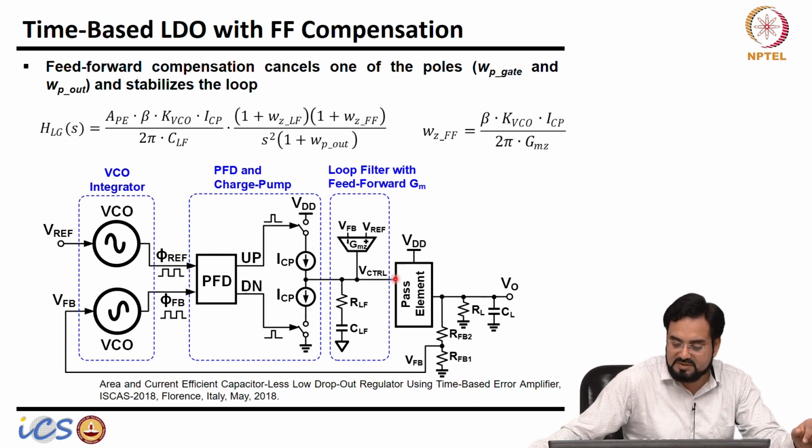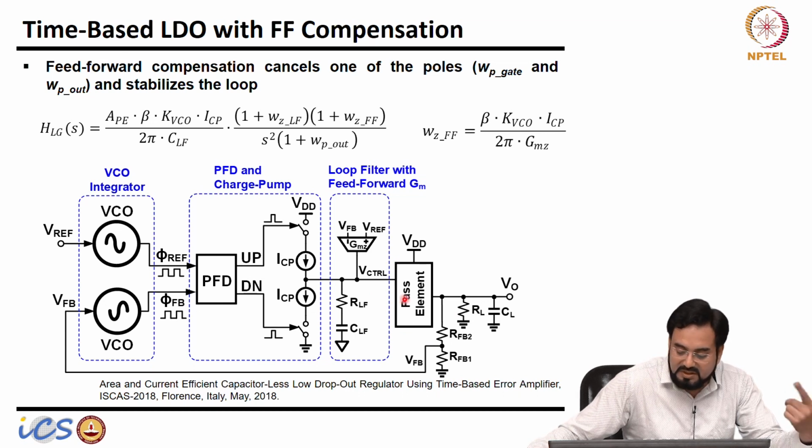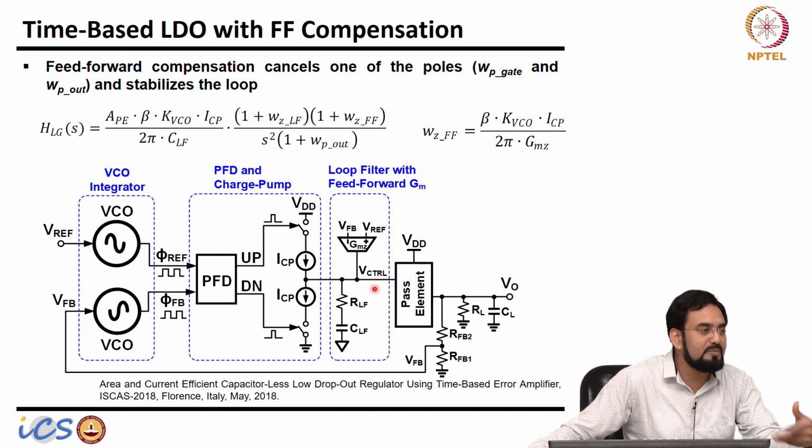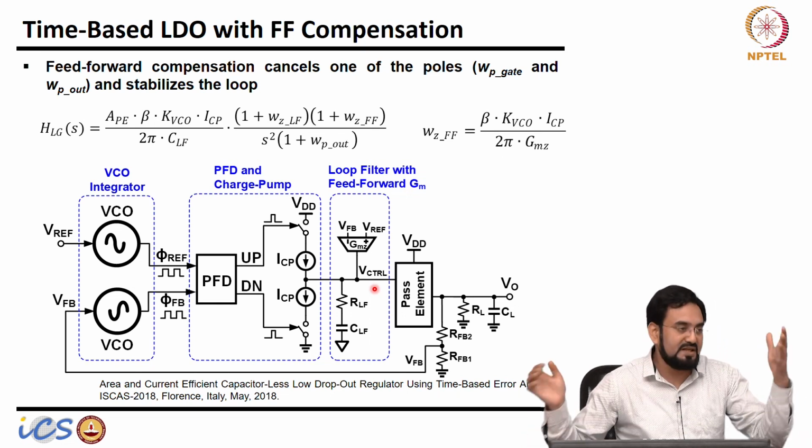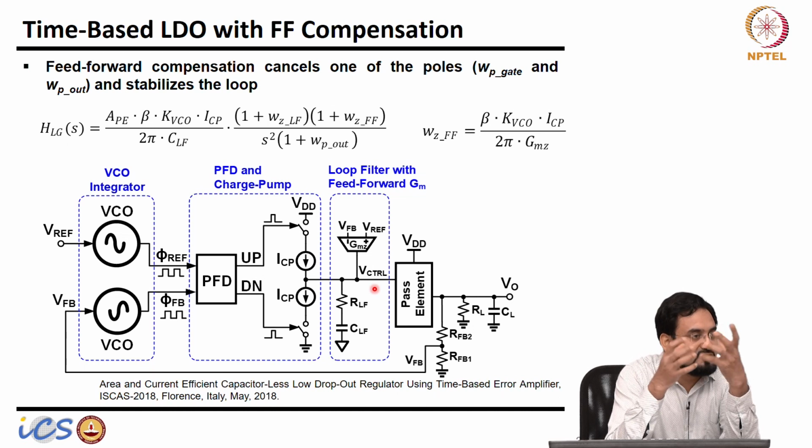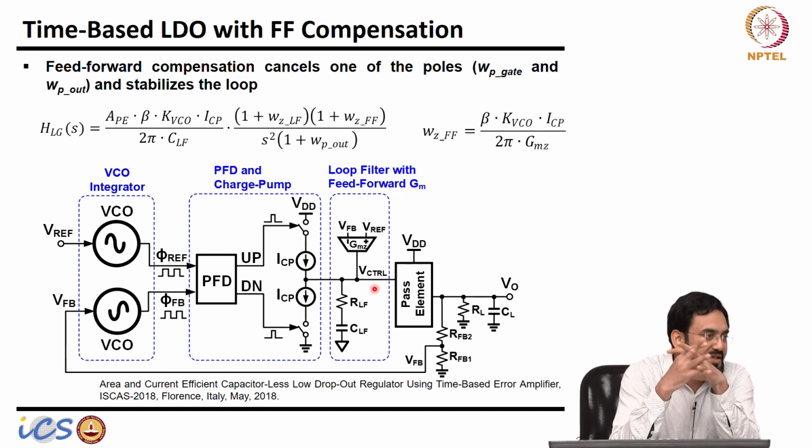So each will have its own control, and the advantage here is, depending upon the load current, you can decide how many phases need to be turned on. So let's say I want to cater 10 milliamp. You will size your power FET according to 10 milliamp.